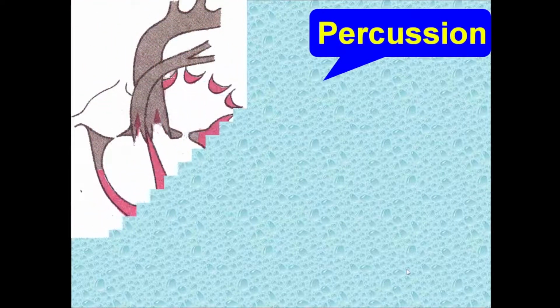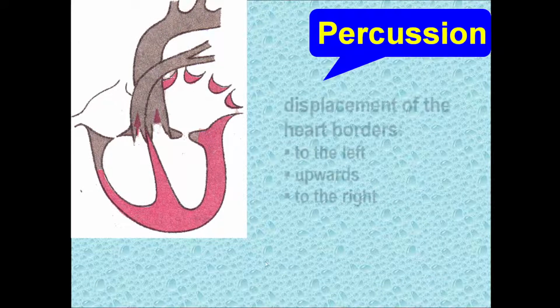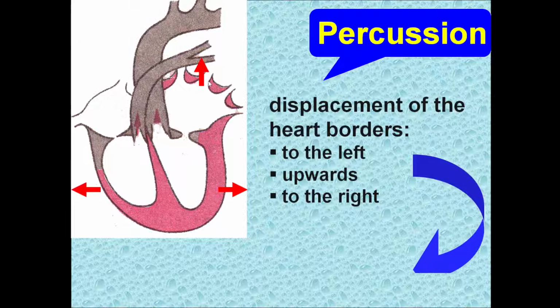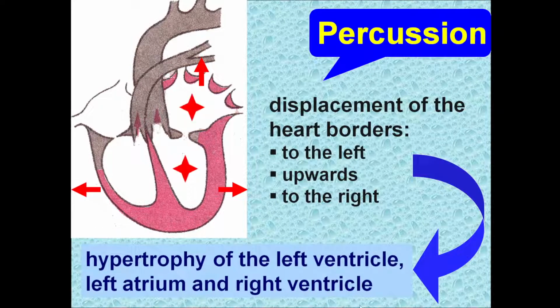On percussion, we reveal displacement of all heart borders: to the left because of the hypertrophied left ventricle, upward due to the hypertrophied left atrium, and slightly to the right due to the reflectory, compensatory hypertrophied right ventricle. But most significantly, the pathological process localizes nearest to the left heart chambers.